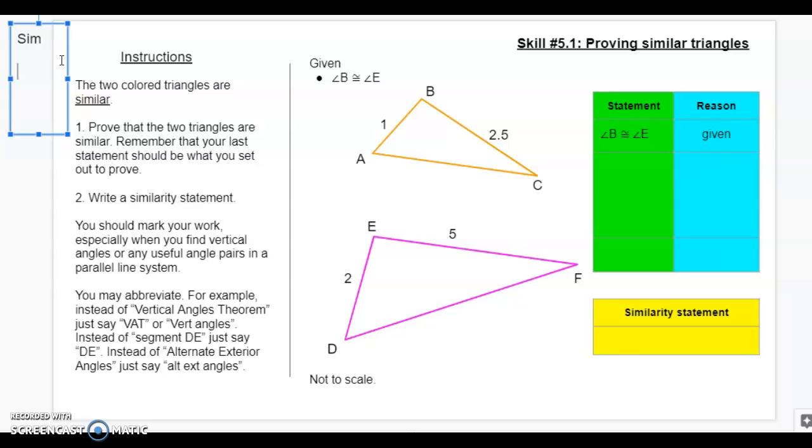My options are angle-angle similarity, side-angle-side similarity, and side-side-side similarity. Okay.